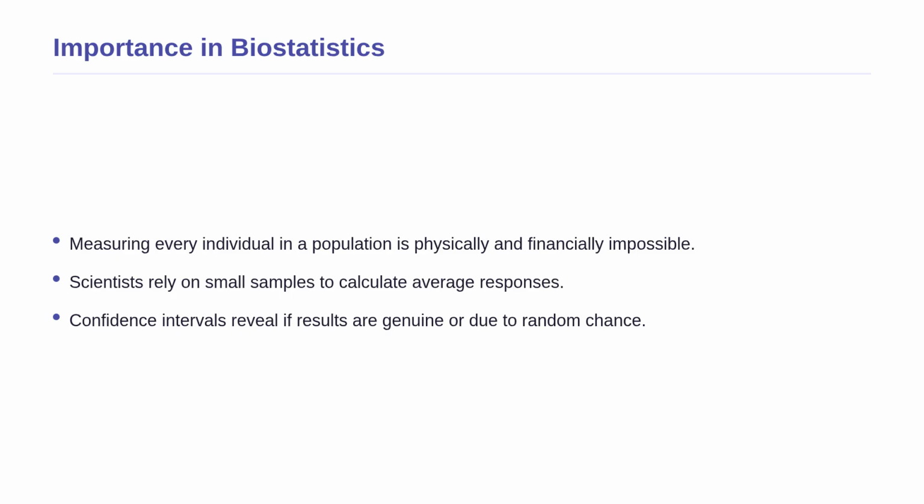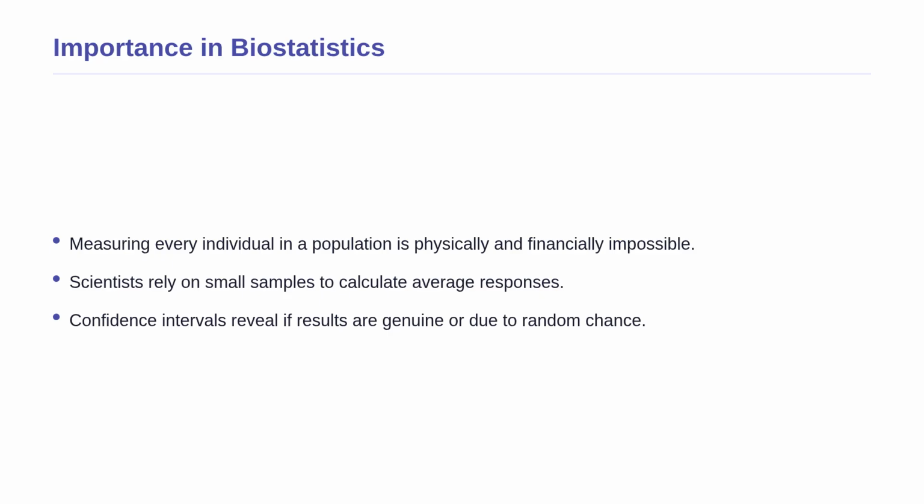So why does this statistical concept matter so much in computational biology and medicine? In the real world, it is physically impossible and financially ruinous to measure every single individual in a population. You cannot test a new cancer drug on every human on Earth.